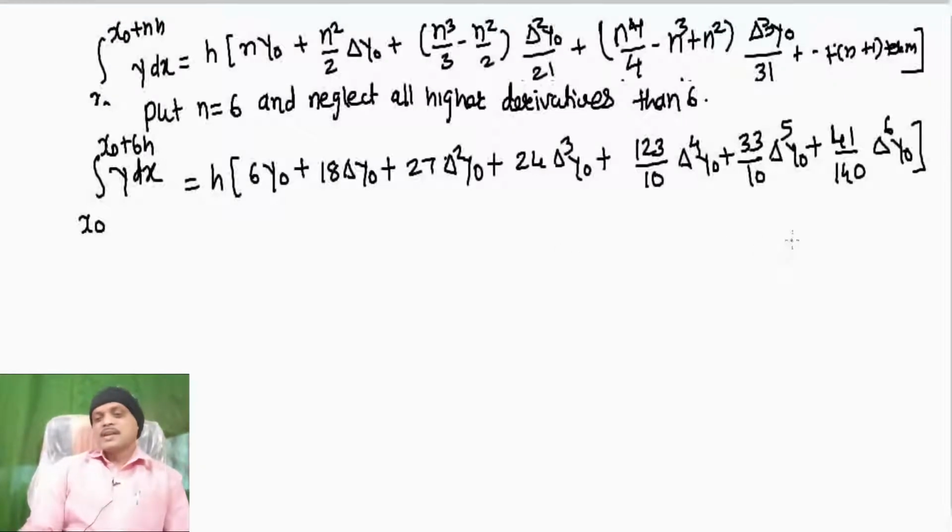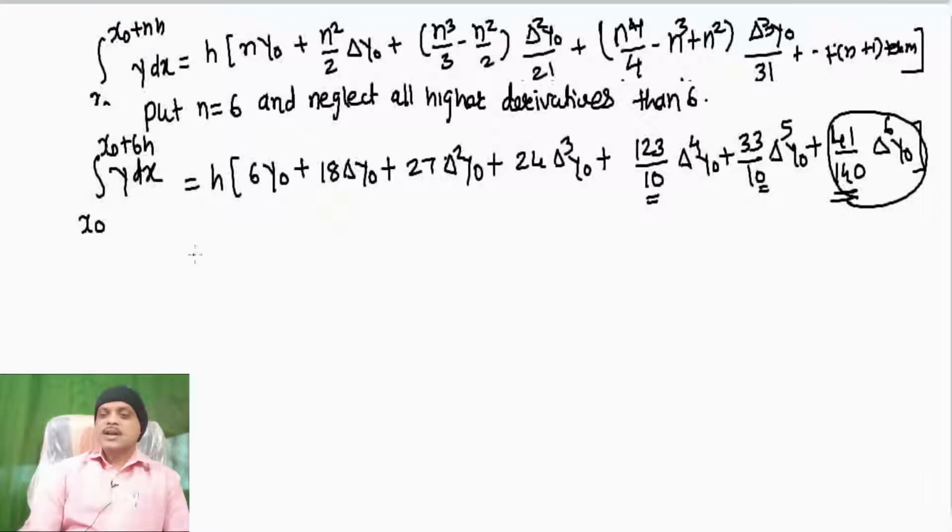So here, in the last three terms we have denominator 10 and one term containing denominator 140. So in the last term we replace it by 3 divided by 10 delta raised to 6.